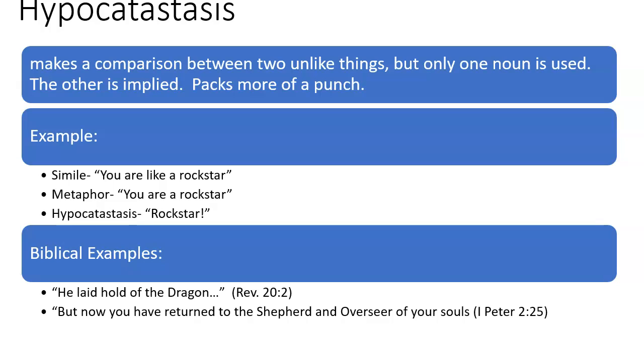So simile uses like or as. Metaphor just says this is the other thing, and you're left to interpret what the relationship is between those two unlike things. Hypocatastasis says the one thing, and you have to guess what the other thing is and then make the comparison. Incredibly, we have minds that do that automatically without us hardly even thinking about the fact that a figure of speech is being employed.